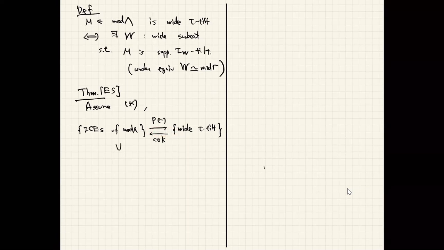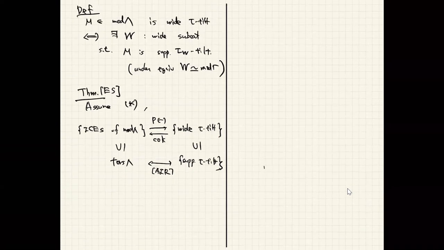And obviously, this extends the bijection between torsion classes and support tau tilting modules. So we can extend Adachi-Iyama-Reiten's bijection between torsion classes and support tau tilting modules to ICE-closed subcategories and wide tau tilting modules.